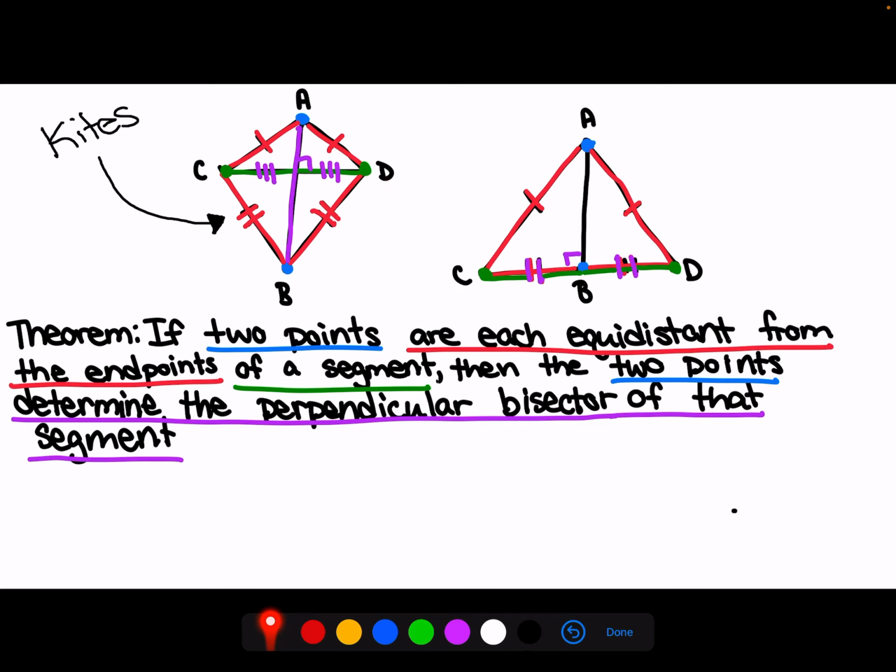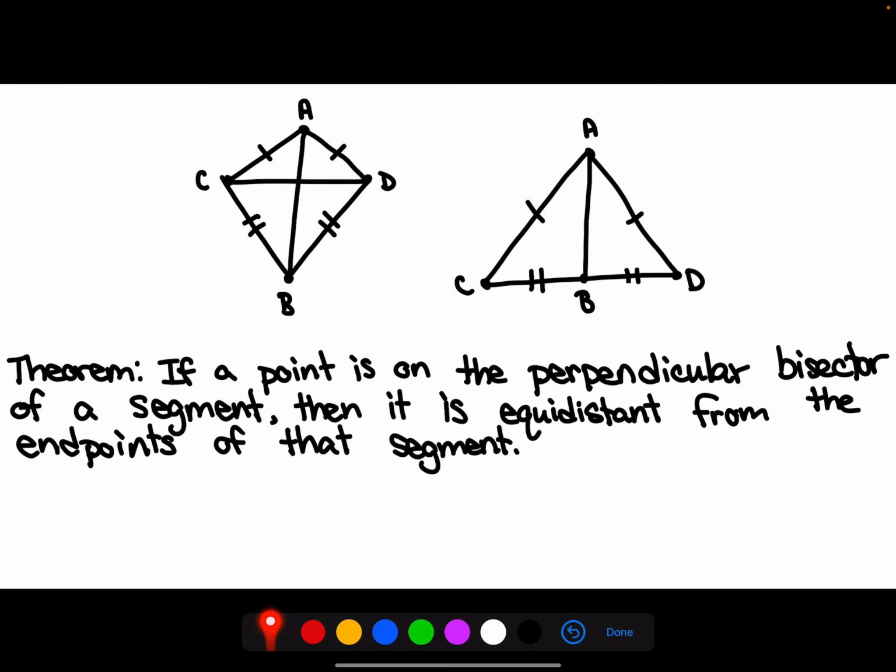All right, next up. The next theorem that we have also deals with equidistant and further deals with perpendicular bisectors. So it says if a point lies on the perpendicular bisector of a segment, in this case, AB is still a perpendicular bisector, and CD is being bisected. So that's the one that's being cut in half.